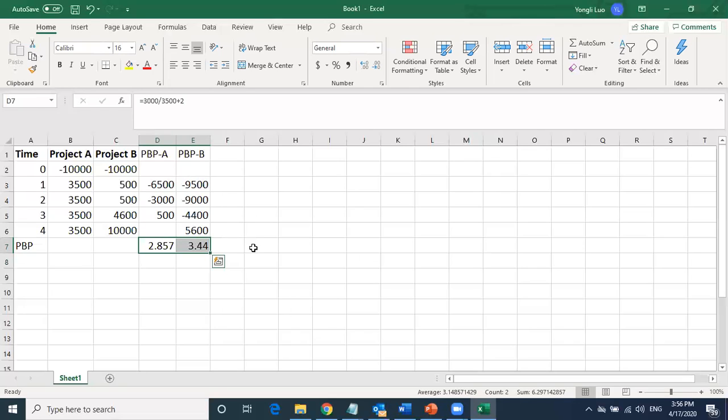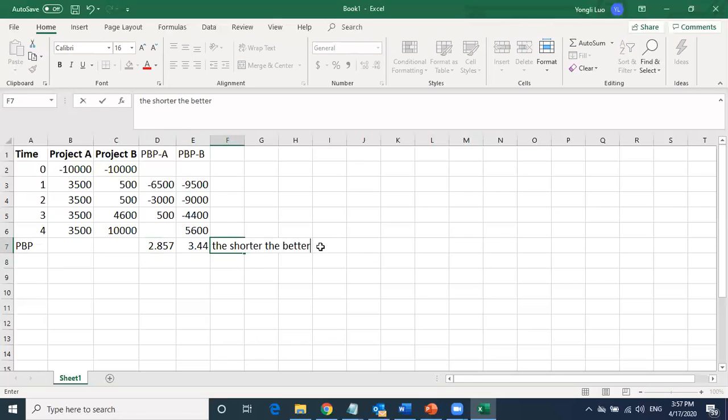So for the payback period, which one do you choose? This takes longer for project B. For the payback period, you want the shorter, the better.